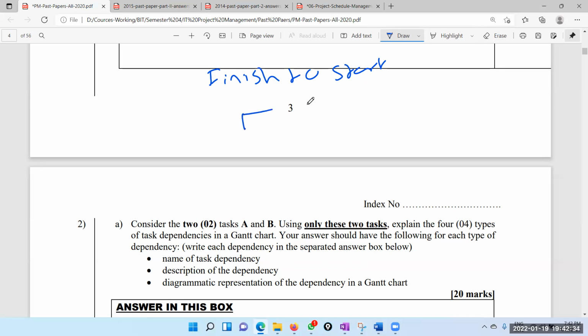Then you have to draw it. This is my A. So this is my B. And this is my dependency. Clearly finish to start. You have to draw the dependency. And you have to say finish to start, A and B, and this is the dependency.